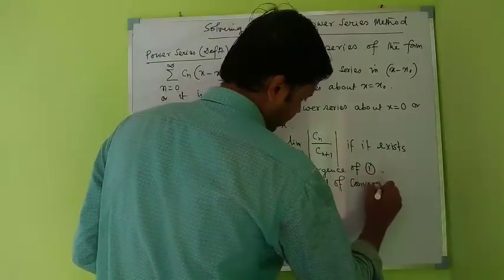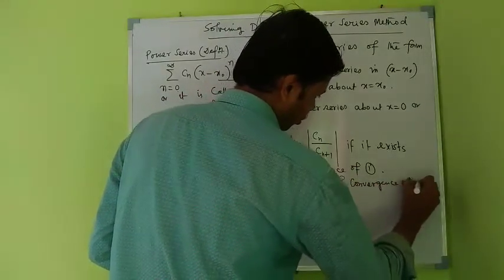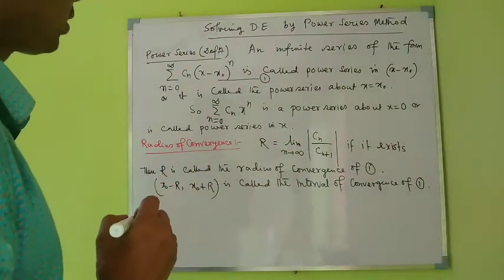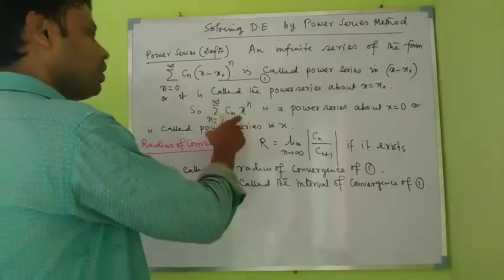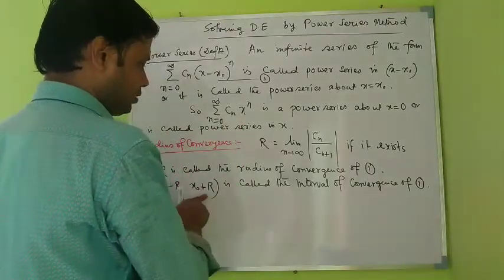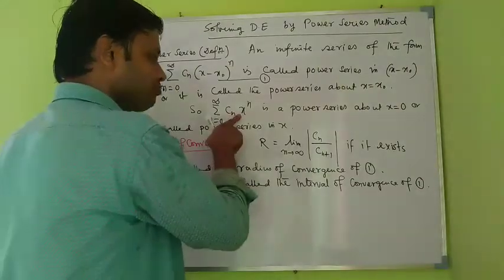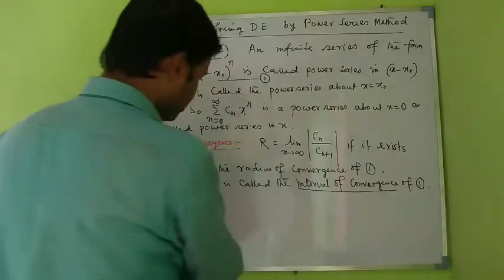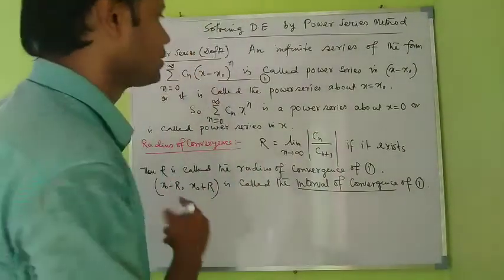So for this case, minus R to R is the interval of convergence. So the radius of convergence and the interval of convergence are the same terminology.